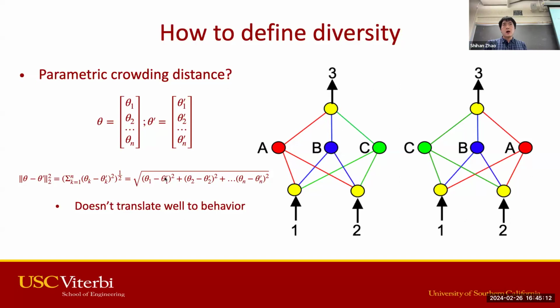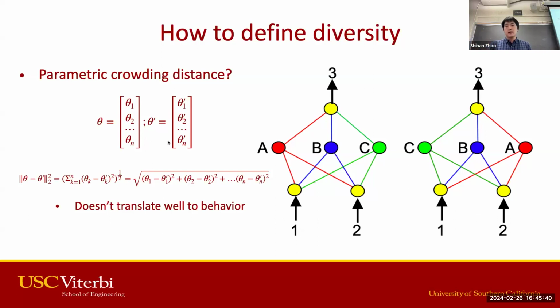But there is a problem with this approach, and that is that the distance within the parameter space often does not translate well to distance within the behavior space. And it is the latter that we actually want. I really like to use this example. It's called the competing conventions problem. When we compare two neural networks by computing the Euclidean distance, we're essentially comparing each pair of these indices.